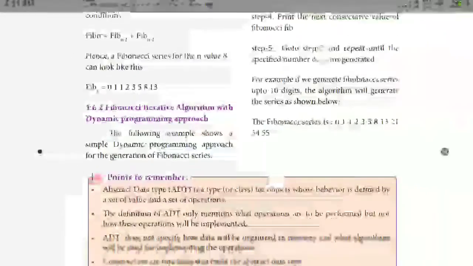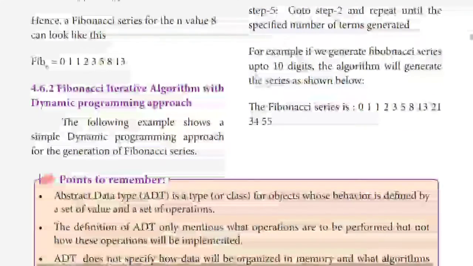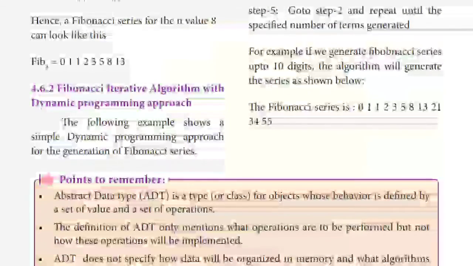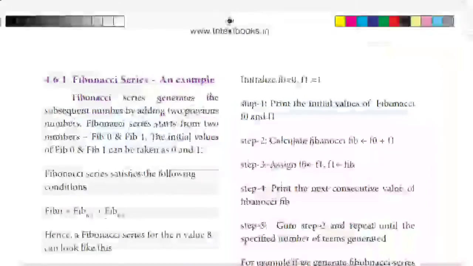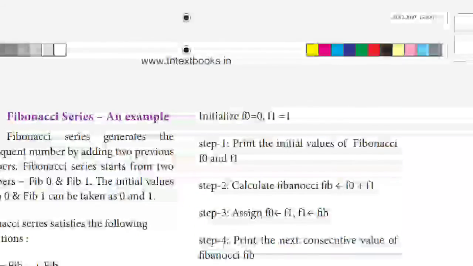Here you can see the following example shows a simple dynamic programming approach for generating the Fibonacci series. The initial values are f of 0 is 0 and f of 1 is 1. Print the initial values of the Fibonacci series.